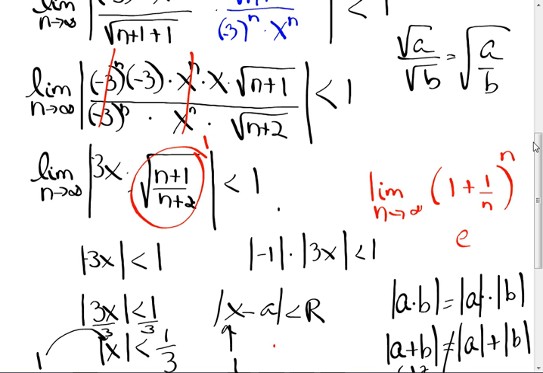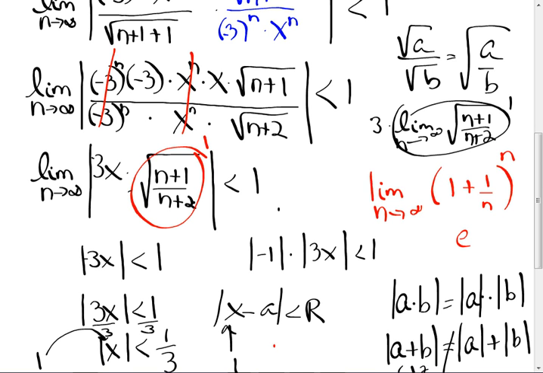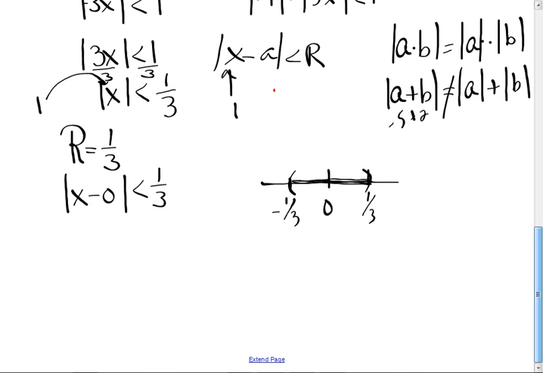It's not the distributive property. So it's 3 times the limit as n goes to infinity of this. This limit is 1. It hasn't gone. I then made it positive because it doesn't matter.